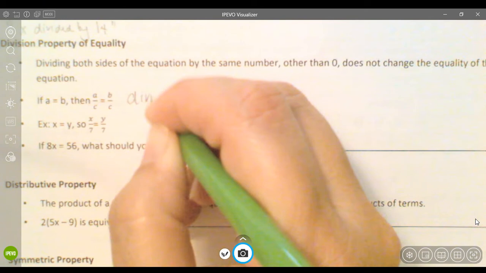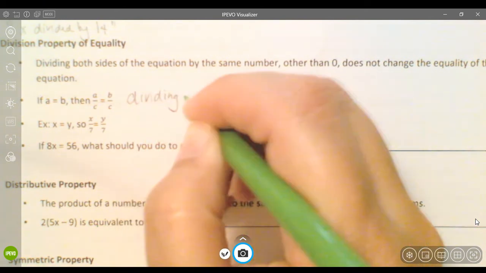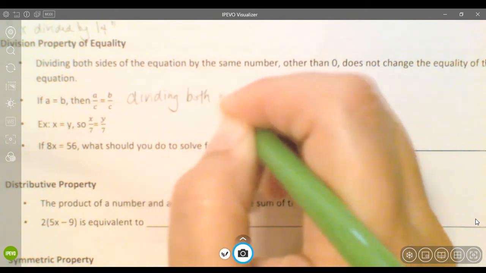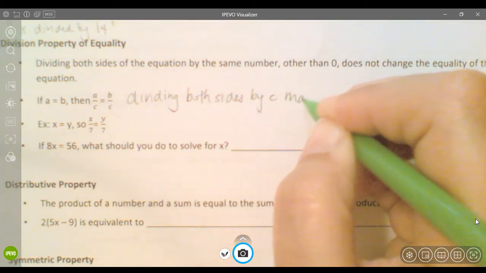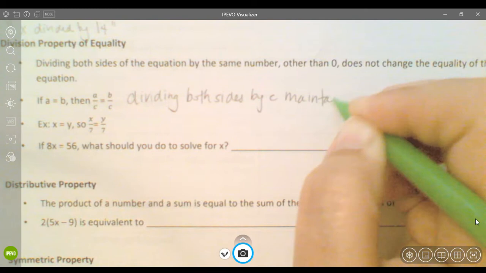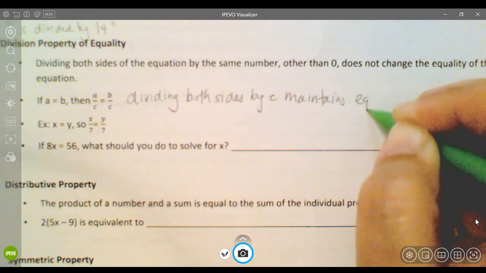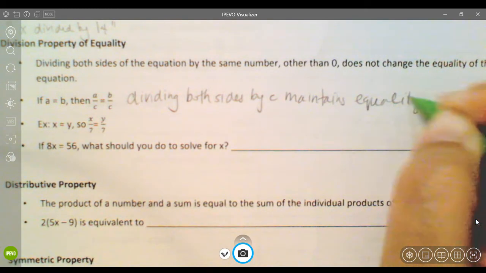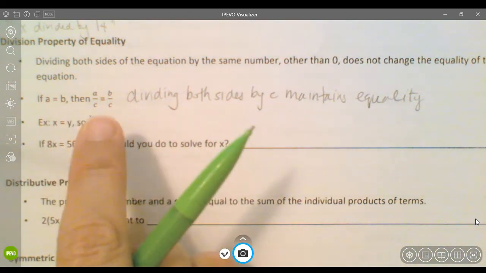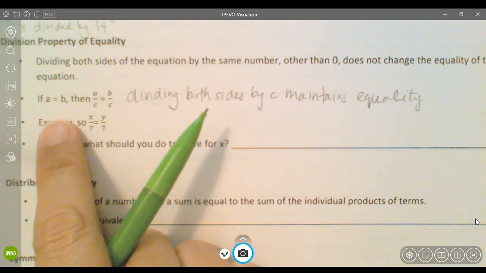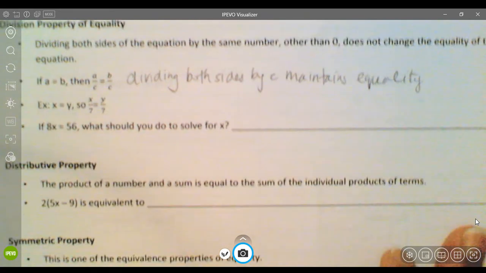If A equals B, then A divided by C equals B divided by C. Dividing both sides by C maintains equality. Now we don't see it this way. You'll see it as if 3a equals 3b, then a equals b. You know, we divide both sides by 3.